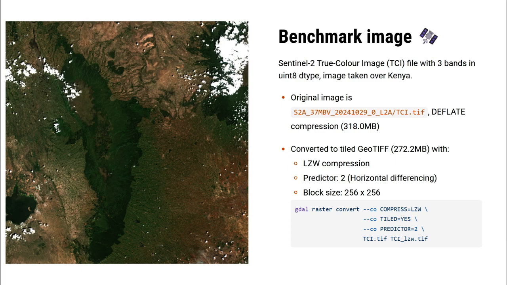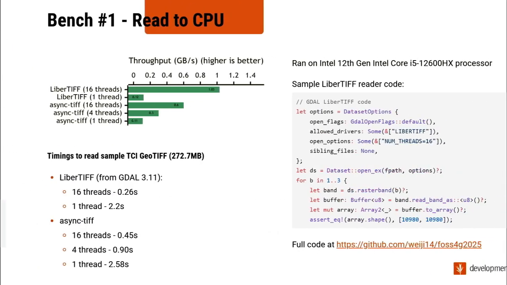I've converted it into a tiled GeoTIFF: apply LZW compression, set predictor level 2, sorry, predictor 2, horizontal differencing, block size 256, which is the default. This is the fancy GDAL 3.11 command line way to do it, instead of using gdal_translate or something. I've got the code somewhere if you want to test this later.